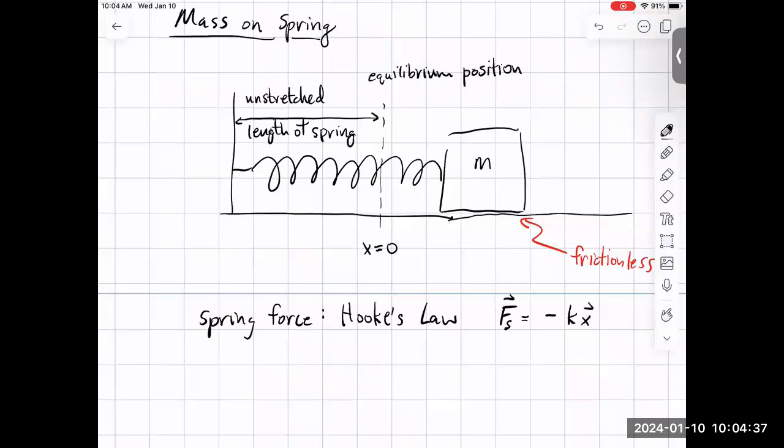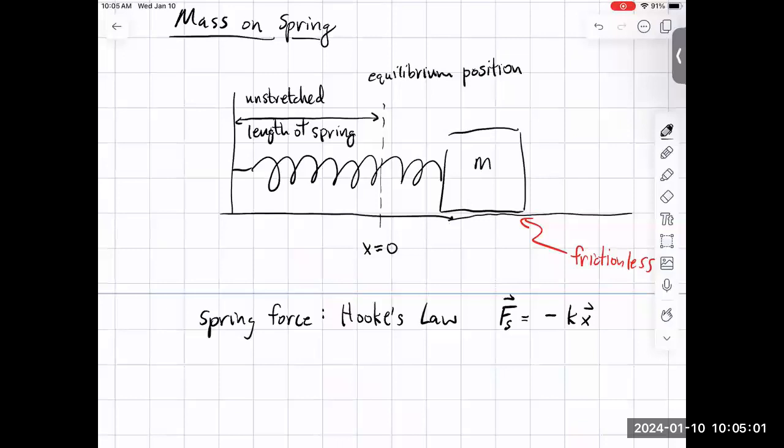The minus sign just means that if we make x positive, the force is in the negative x direction. If we make x negative, so we push the mass to the left of the x equals 0 position, then the force is going to be positive because we have minus k times x, but x is less than 0, and so we have a positive force.